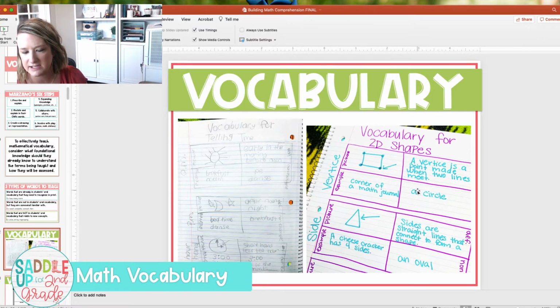And then here is an example that I had done for 2D shapes. Again, we would just write the title across the top, draw our 4-square organizer, write the vocabulary word over on the side, and then draw a picture, write a definition, give an example, and a non-example.